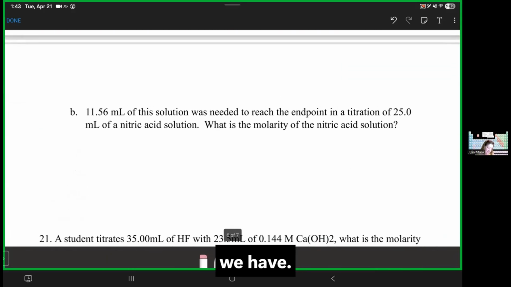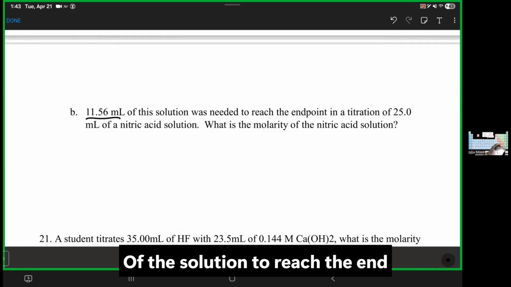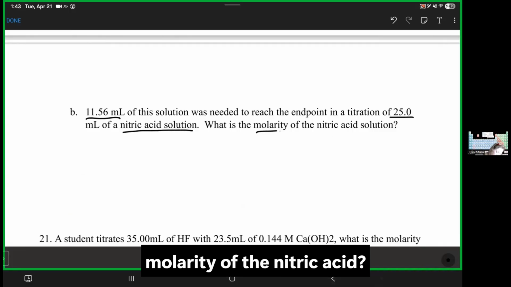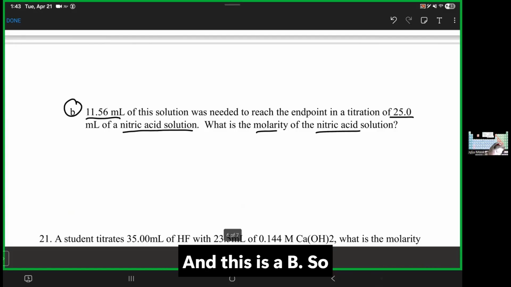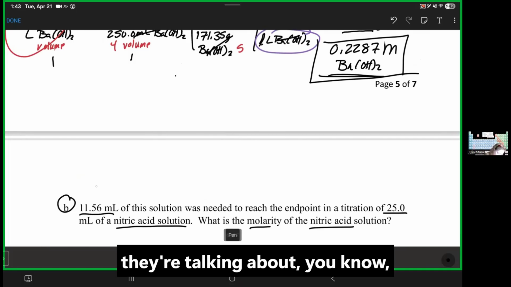Okay, so I have this many milliliters of the solution to reach the endpoint in a titration, 25 nitric acid. What is the molarity of the nitric acid? And this is a B, so this solution is this solution they're talking about.